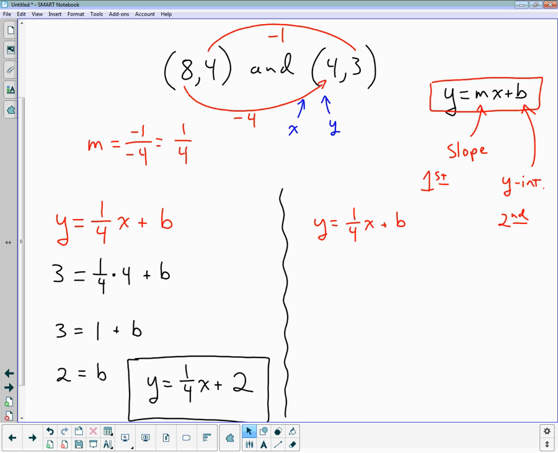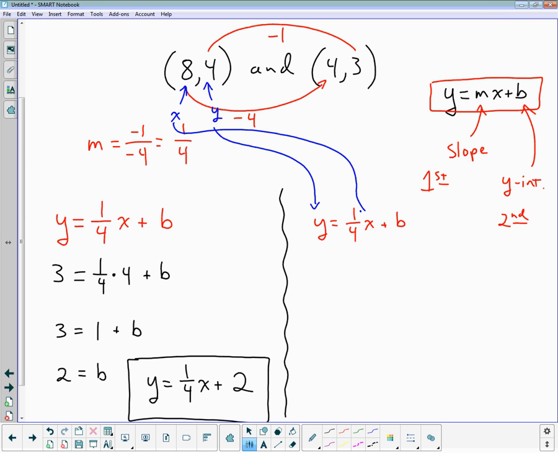If we had chosen x and y from this point, we would have gotten 4 equals 1/4 times 8 plus b. Well, 8 times 1/4, remember the whole number multiplies to the top, so 8 times 1 is 8, and 8 divided by 4 is 2. Subtracting a 2 from both sides, we get the same b. So it would have worked out either way.